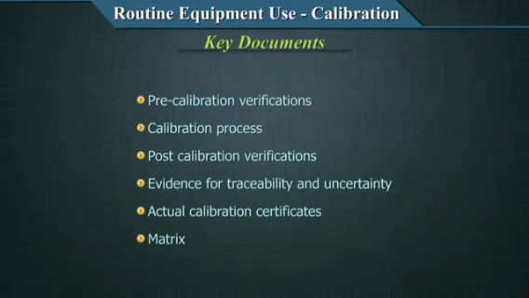So this is your pre-calibration verifications, and during the calibration, how your calibrator was run, all those things will be available. Post-calibration verifications using QCs, the evidence for traceability and uncertainty, actual calibration certificates, and also a matrix to alert you about the need for upcoming calibrations.